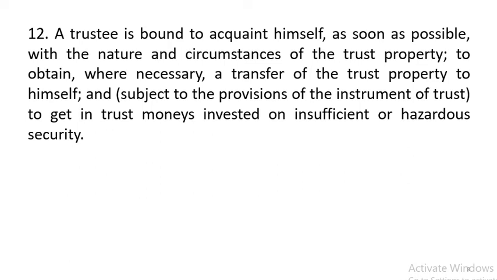He must obtain, where necessary, a transfer of the property to himself. Subject to the provisions of the instrument of trust, he must get trust money invested in sufficient and non-hazardous security.